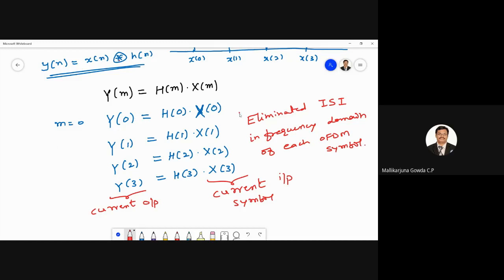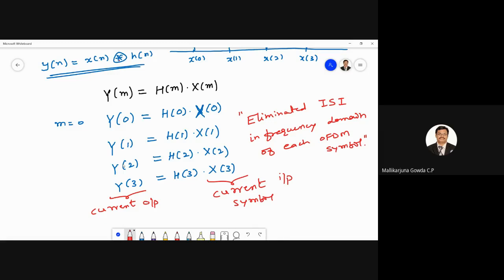I think you should be able to give this as an example. First you go with the ISI channel model, then consider some 4 symbols, and take the IDFT of that. Then I said to add the cyclic prefix, meaning I take the last symbol and prefix it. After prefixing, that block is transmitted over the channel.